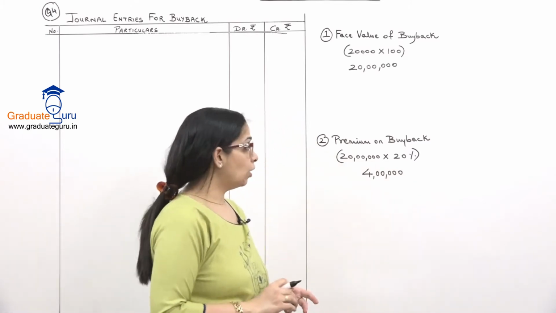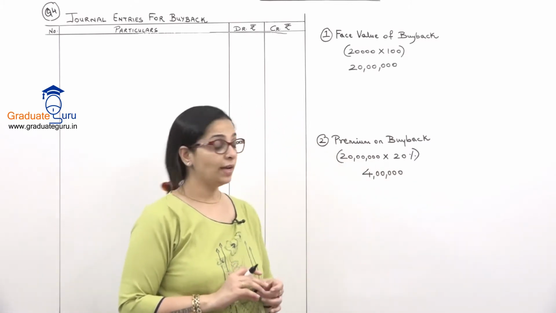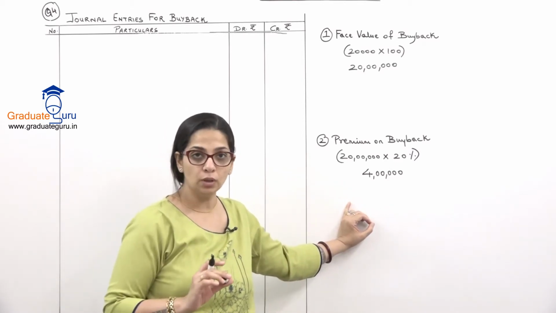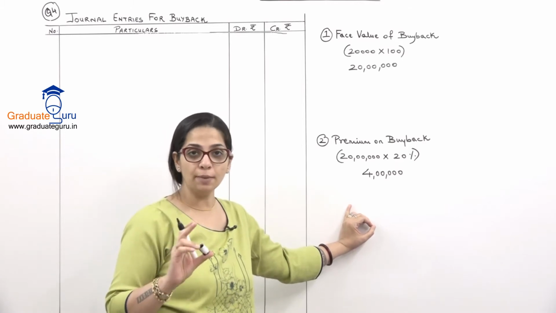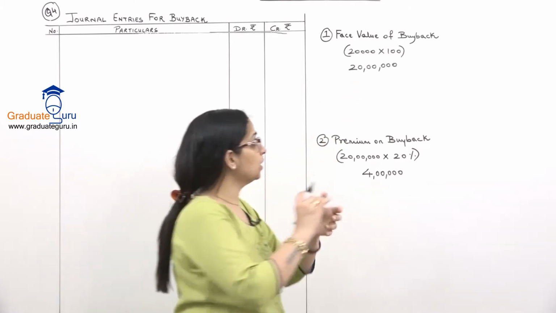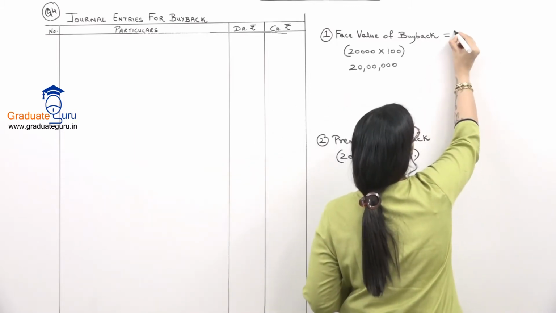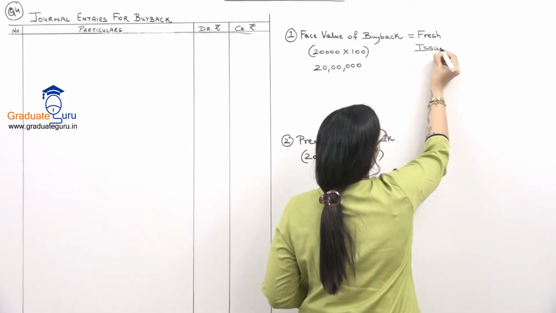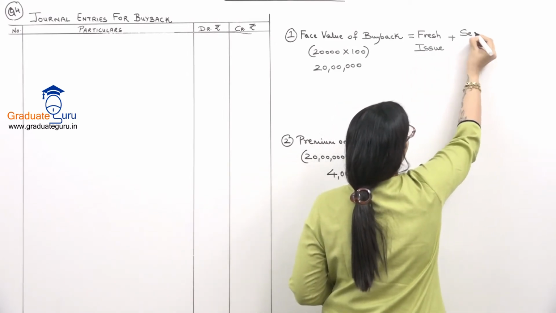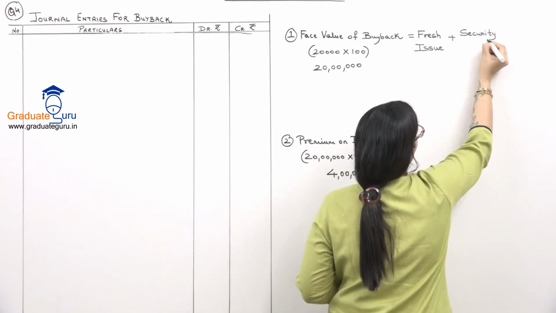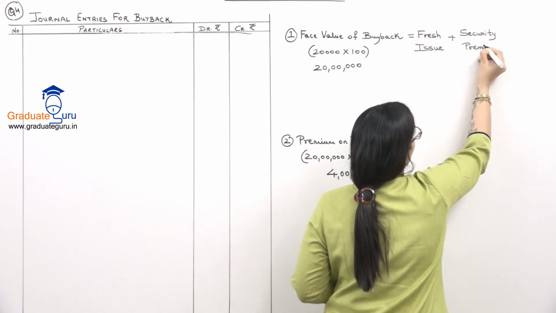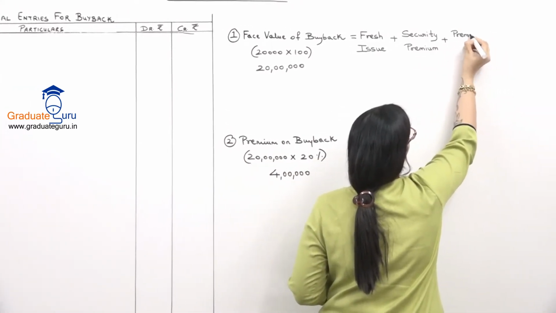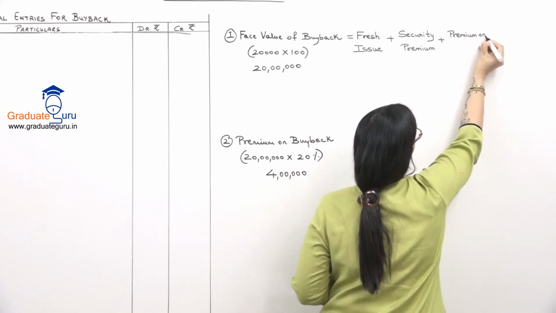Now in this type of sum, when we don't know the number of shares for the fresh issue, we will have to add one more step to our calculation. First we will write down where our face value will come from. It will come from fresh issue, from security premium, plus the new issue is also at a premium, so I will write that also: premium on fresh issue.